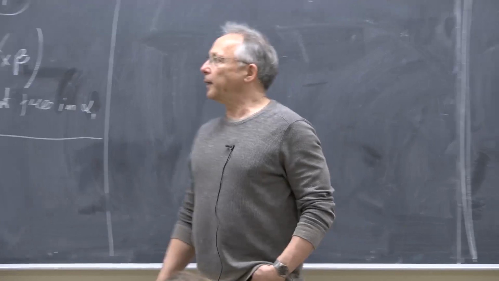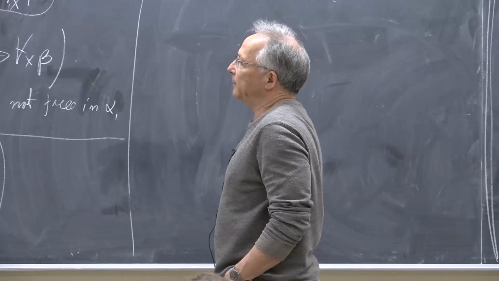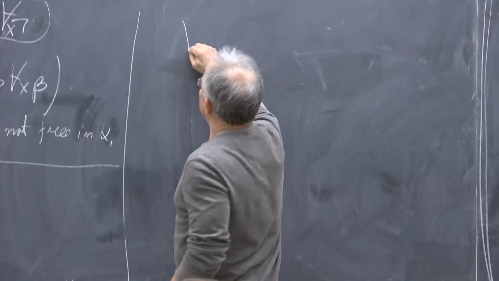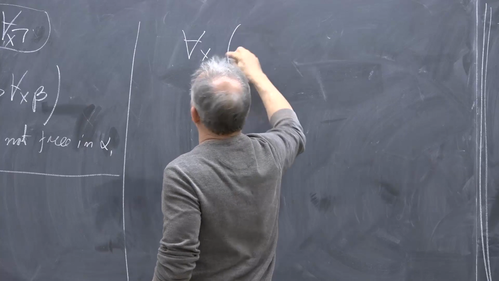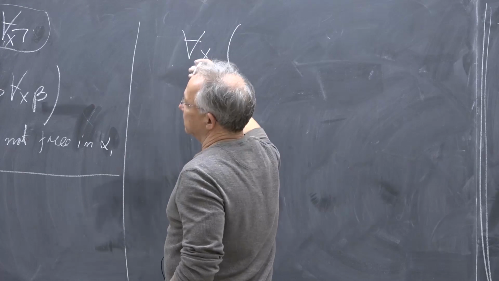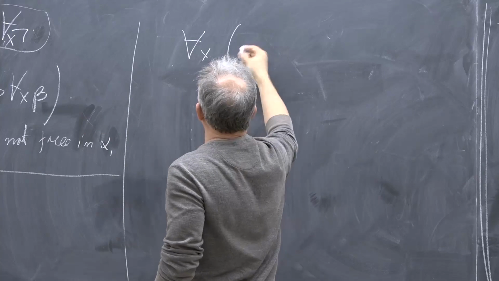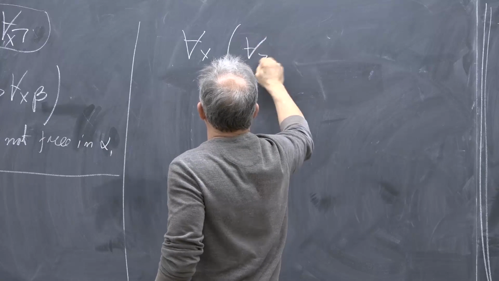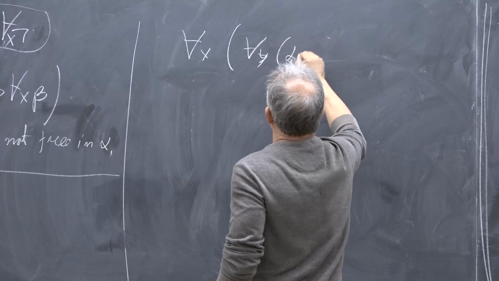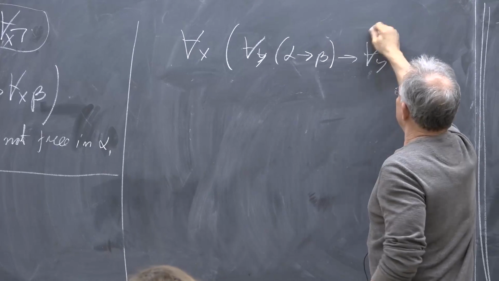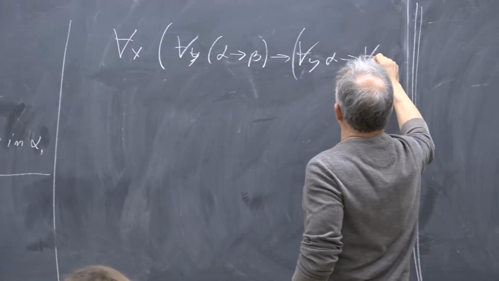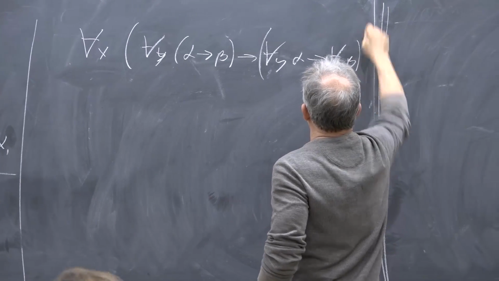Right, so for example, the formula for all x, and then I'll have here for all y, alpha arrows beta, arrows for all y alpha, arrows for all y beta.